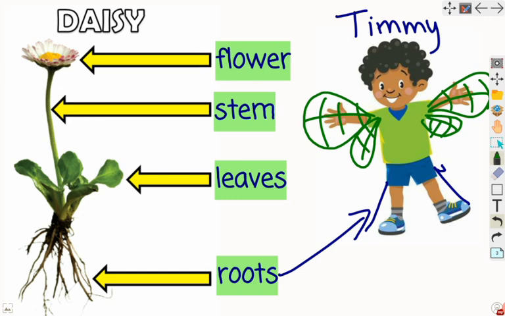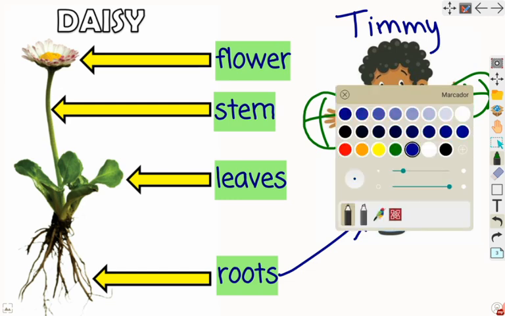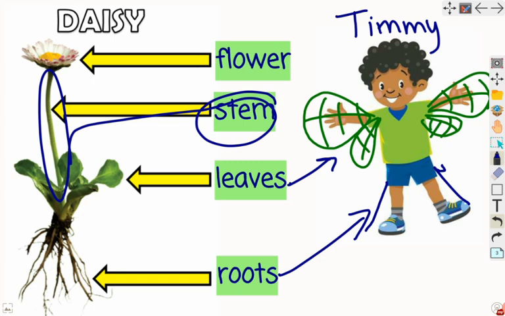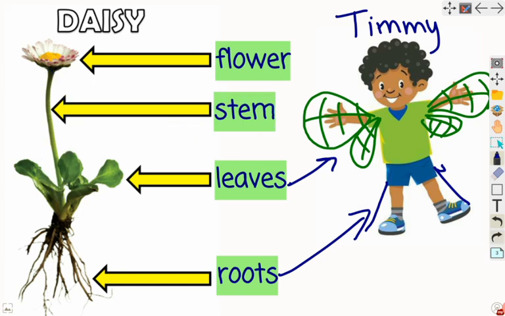Okay. It's interesting, isn't it? So here we've got the leaves. And also the stem. If this is the stem, on Timmy, this would be the stem, the trunk, right? So this would be the stem.